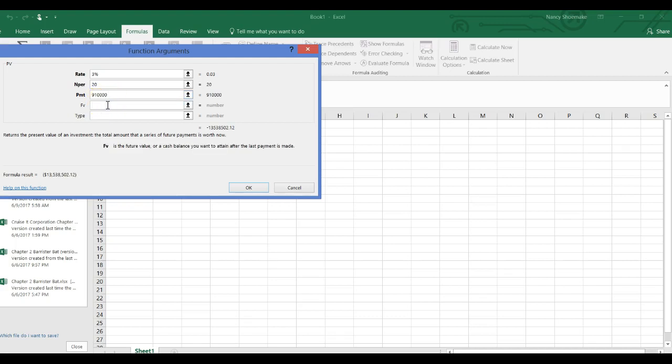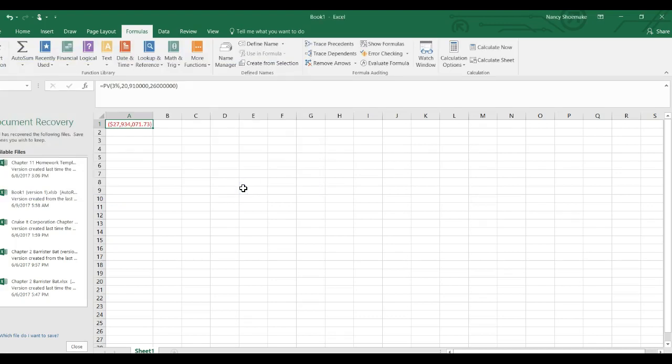The future value that we're going to be getting is the $26 million, the bond. And so in doing that, it will show that the present value issue price will be $27,934,072.